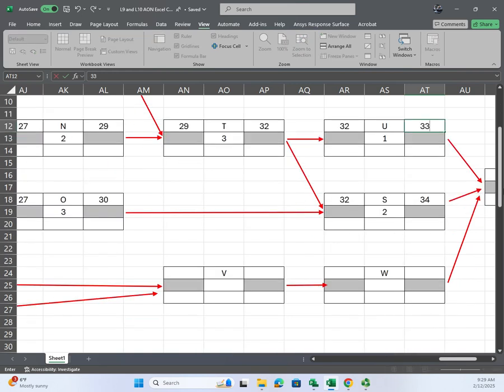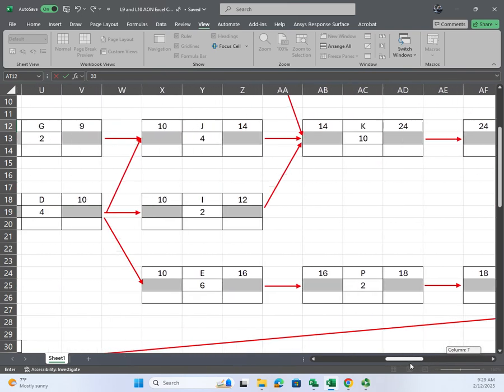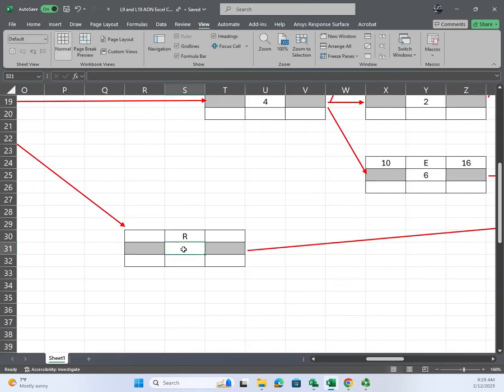And now we have a problem because we start running back down this row, so we have to come back and finish some of the bottom. You guys with me? So I'm sliding back to the left. All right, so we didn't play with R at all yet. And R has a duration of 1, which makes you wonder why it's even a task.